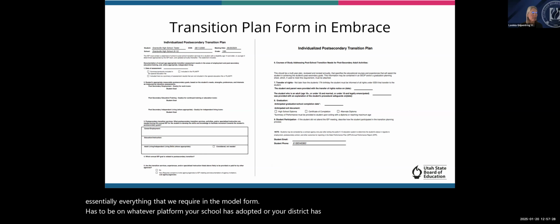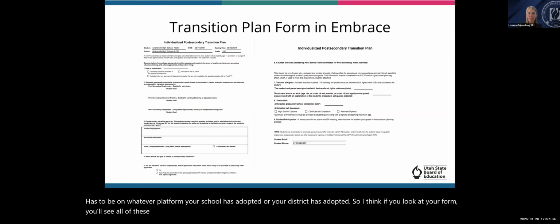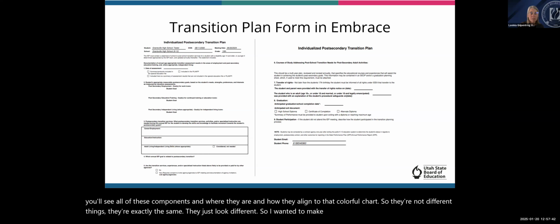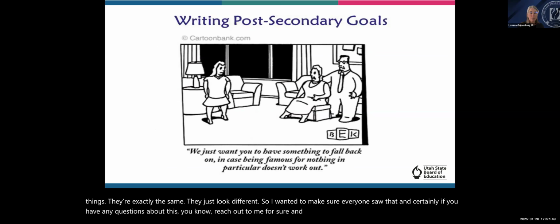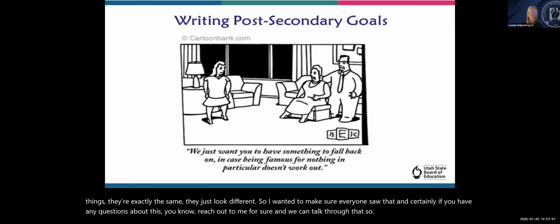So if you look at your form, you'll see all of these components and where they are and how they align to that colorful chart. They're not different things. They're exactly the same. They just look different. So I wanted to make sure everyone saw that. And certainly if you have any questions about this, reach out to me, and we can talk through that. So we're going to start with post-secondary goals.